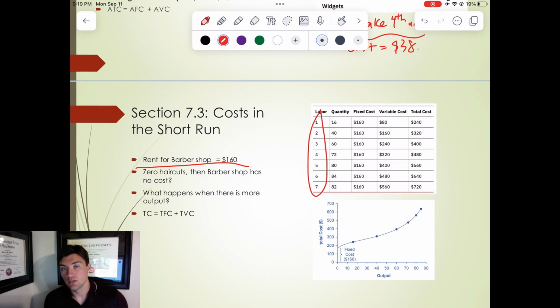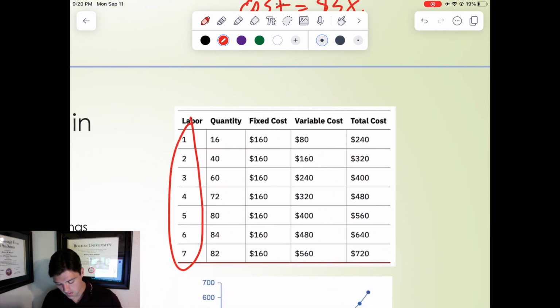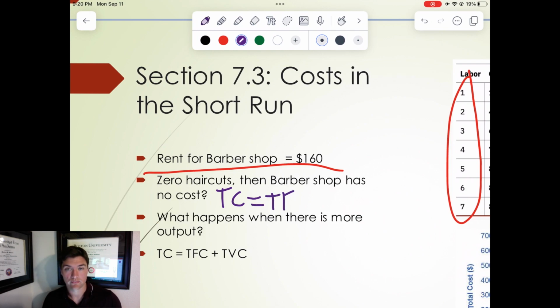You're not having to pay the extra variable cost here, but you're still having the space. So even if you had 0 people coming in, you still have to pay the fixed cost. So at 0 haircuts, your total cost is going to be the same as your total fixed cost.